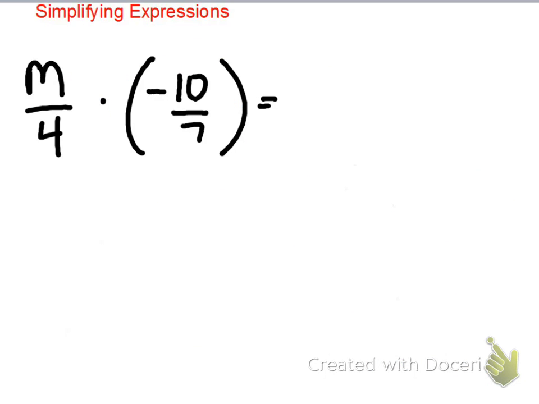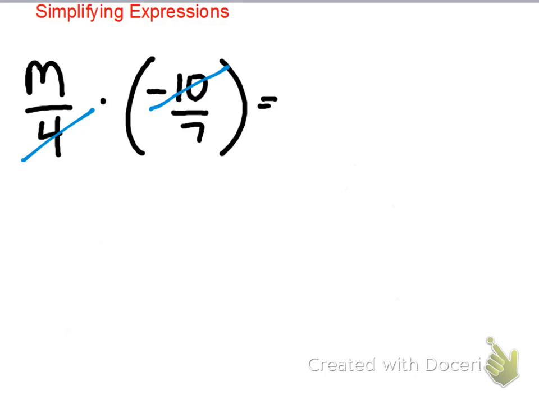In the last part, they want you to simplify expressions, which just means that now we are going to have a variable in our fraction. You're going to follow the same rules. You're going to try to divide out any common factors. So looking at this example here, I can see that 4 and 10 share a common factor of 2.